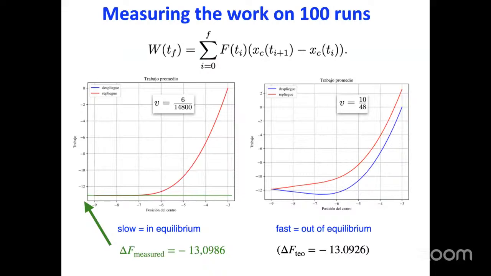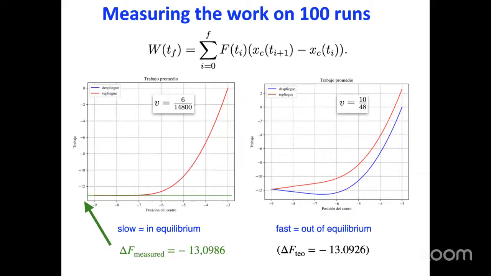Okay, here, this is the force times the position. Yes, and the work is the area below. Yes, sorry. Okay, let's take a point again. Yes, you're right. This is the cumulative work.